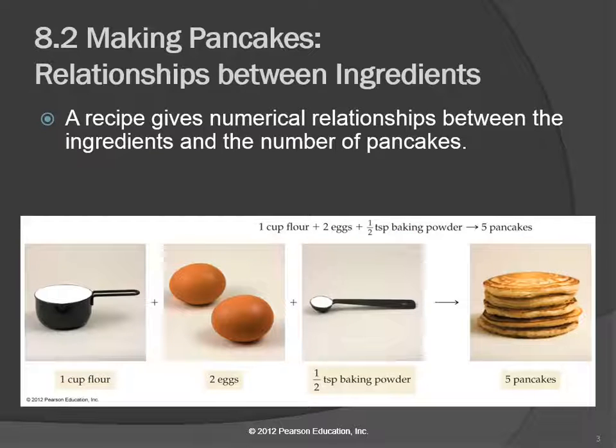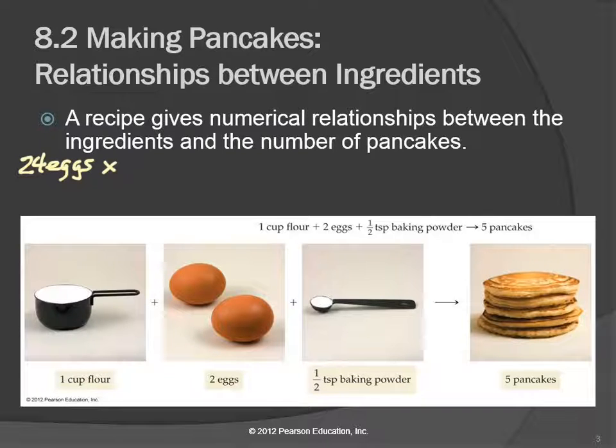So, say you're making pancakes for the football team, and you have 2 dozen eggs. How much flour do you need to use up all the eggs? How do you figure that out? Well, let's do it. 2 dozen eggs. How many eggs is that? 24 eggs.